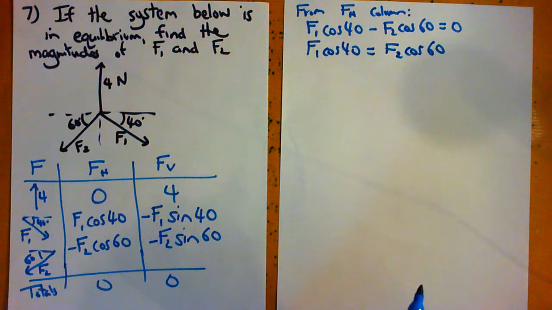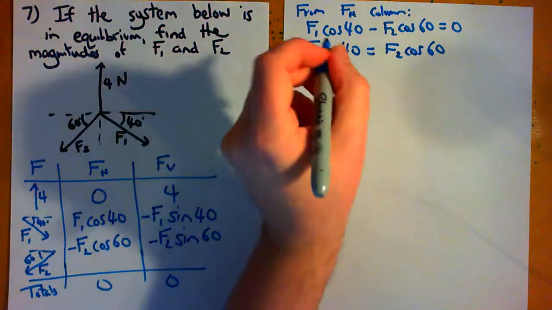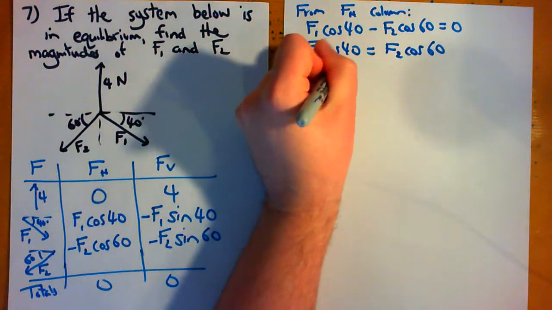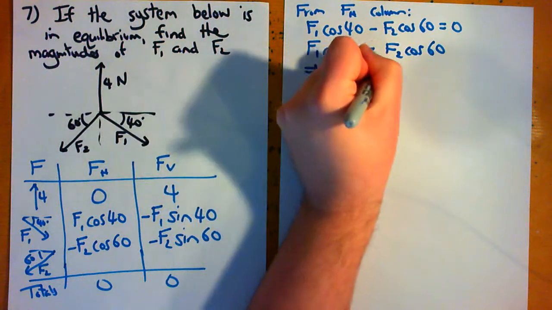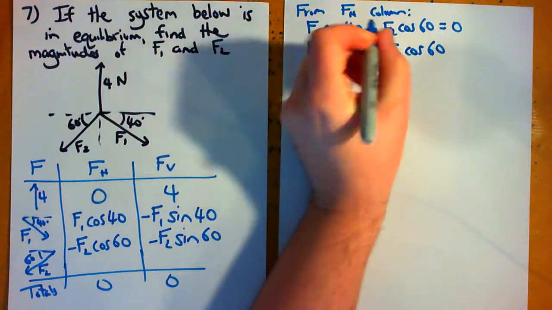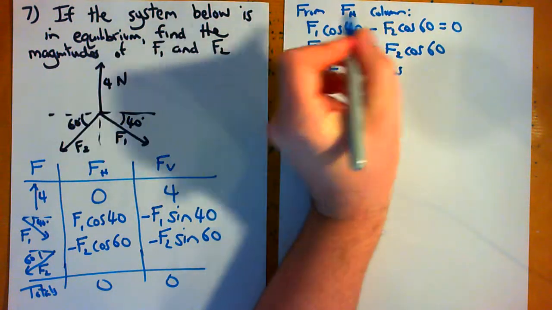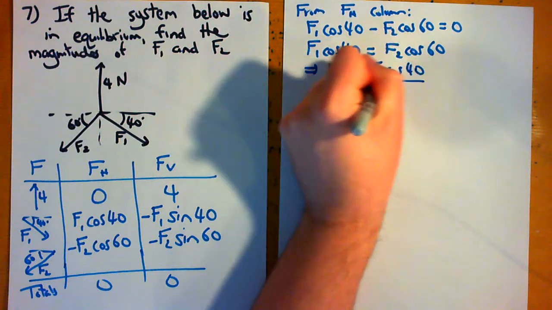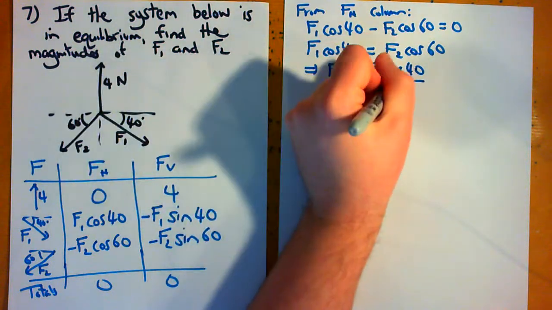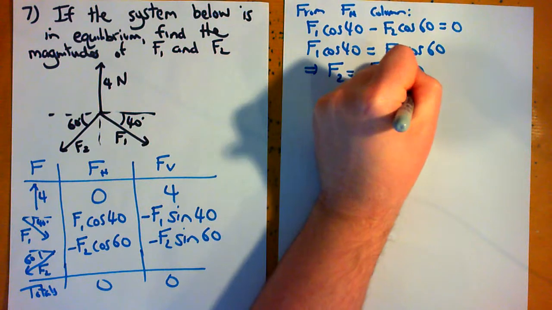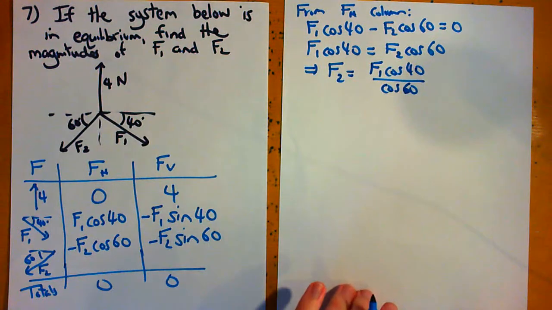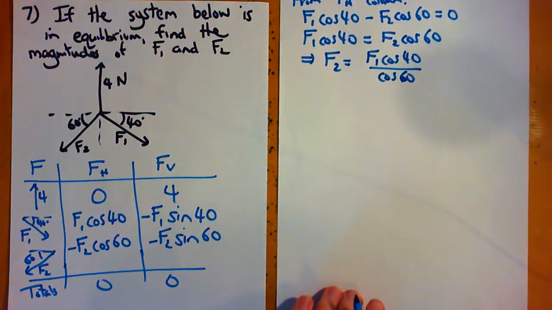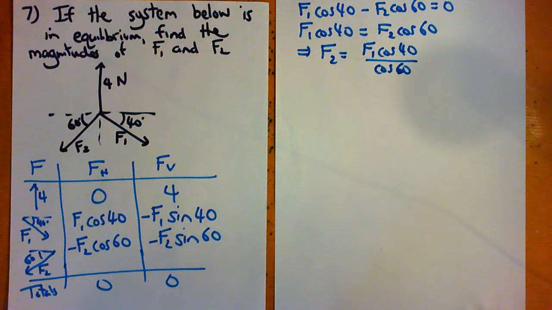The right hand side is F2 times cosine 60, so we need to divide both sides by cosine of 60. So F2 is F1 cosine of 40 divided by cosine of 60.